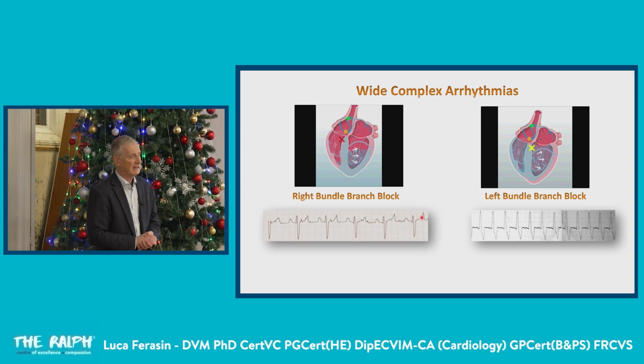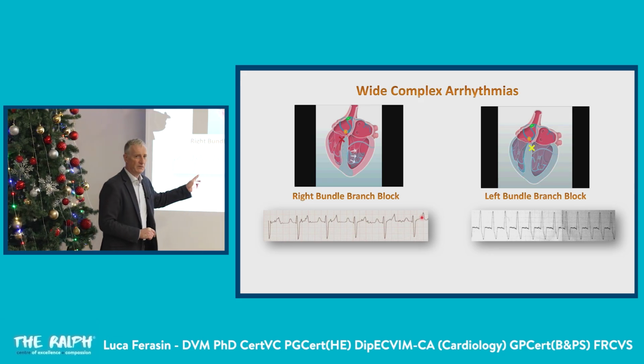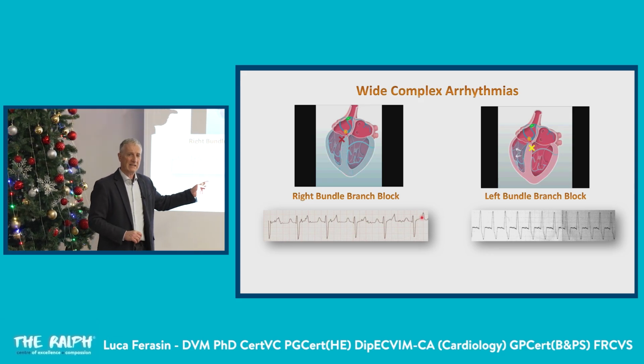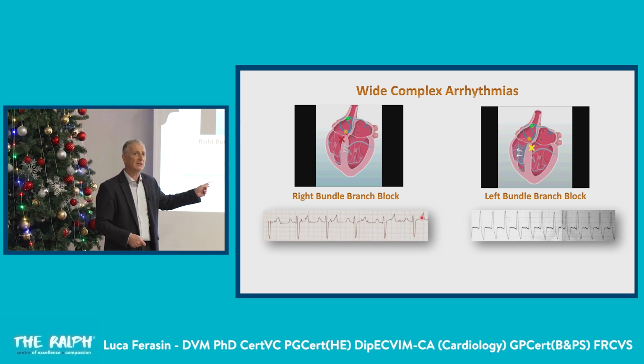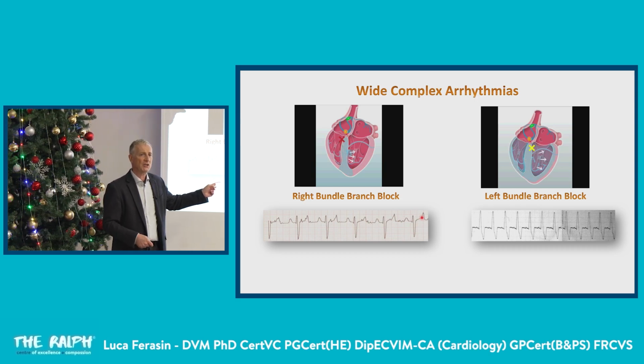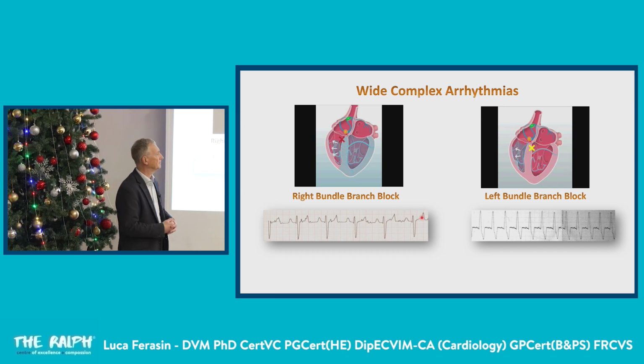So we don't actually intervene for these cases. Sometimes we actually induce it ourselves when we do procedures, catheterizing the right ventricle. When we go inside with a catheter in the right ventricle, sometimes we incidentally damage the right bundle branch, and we don't actually do anything. Sometimes they go back to normal on their own.